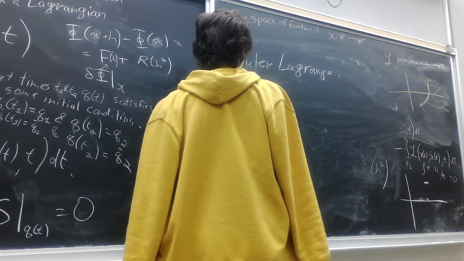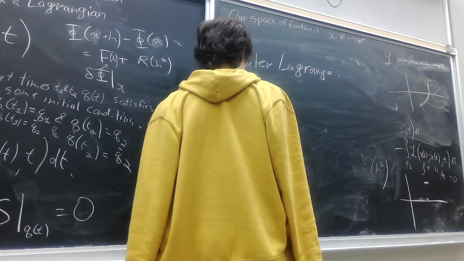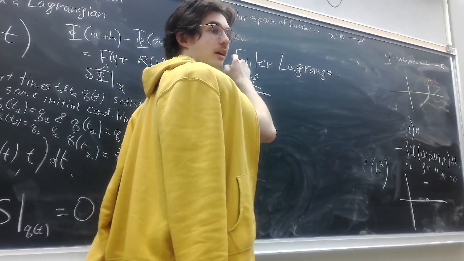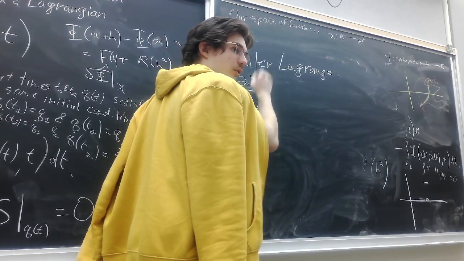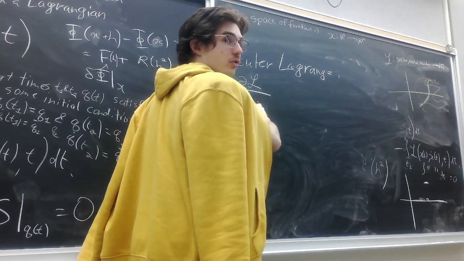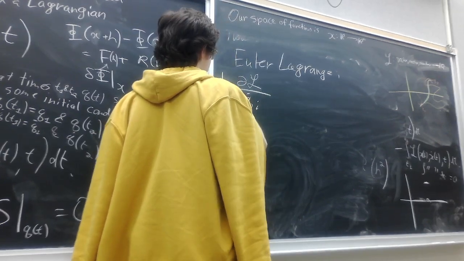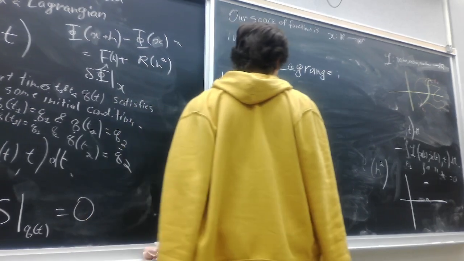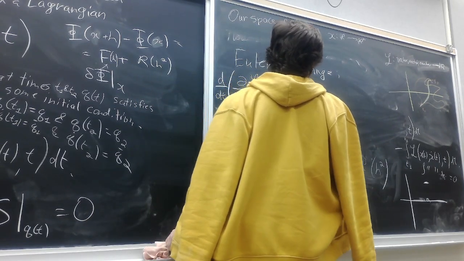You take a derivative of the Lagrangian with respect to q dot i. When I say q dot i, remember I'm taking the derivative of L as some function of some variables with respect to the entry in which I plug in q dot i. So this is like a derivative where I write q dot i to specify a particular one. So d/dt of ∂L/∂q̇i minus ∂L/∂qi has to be 0.